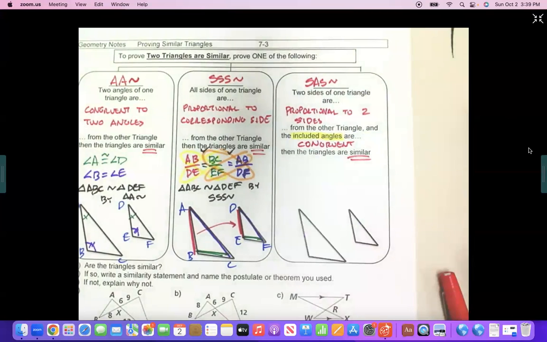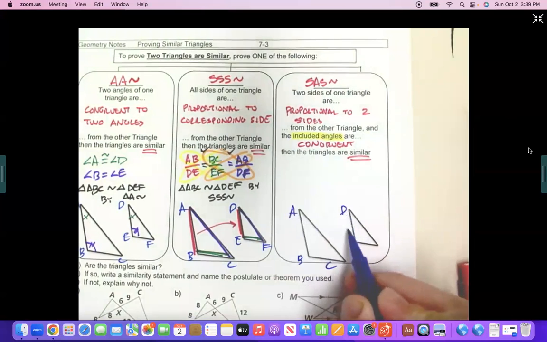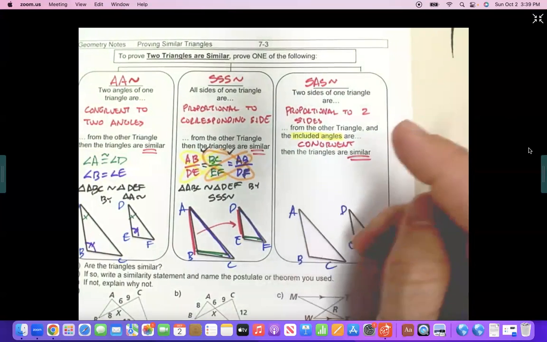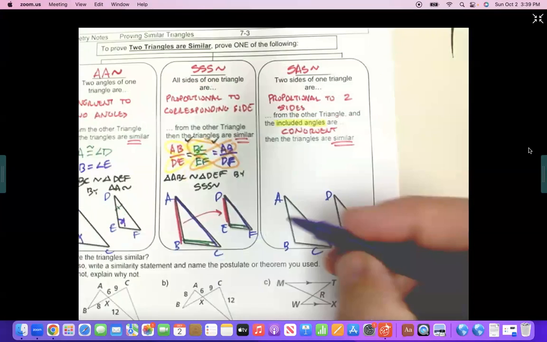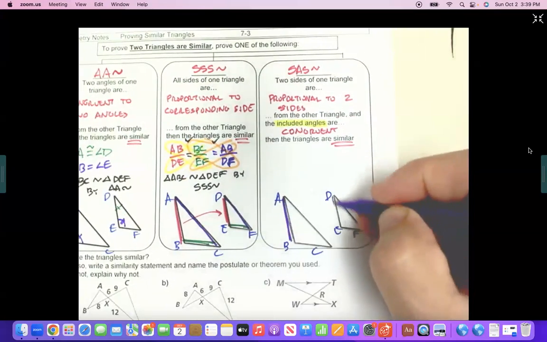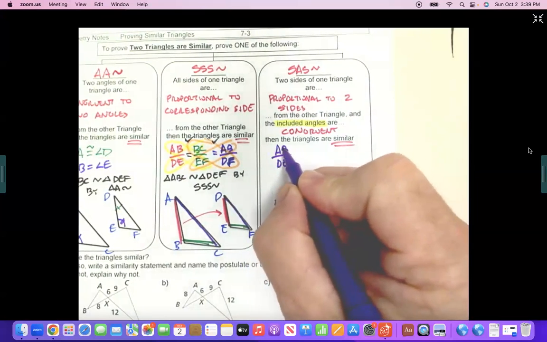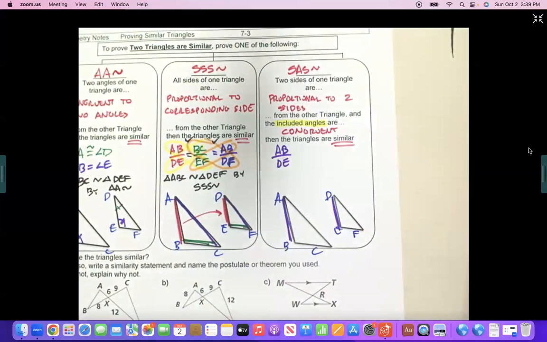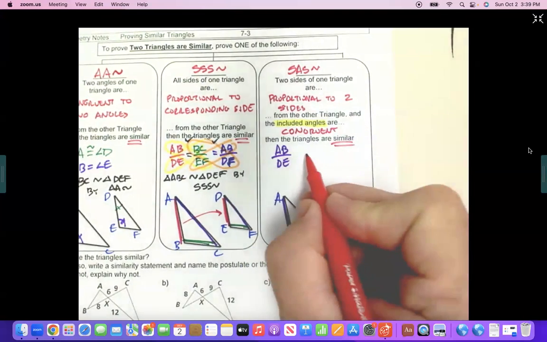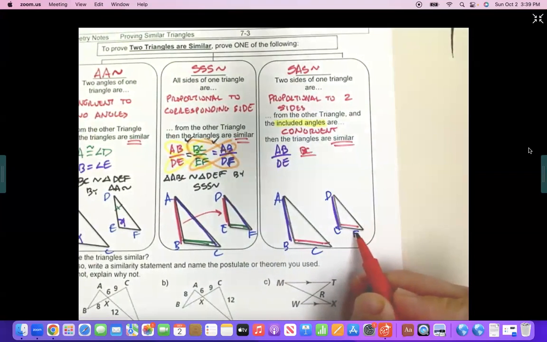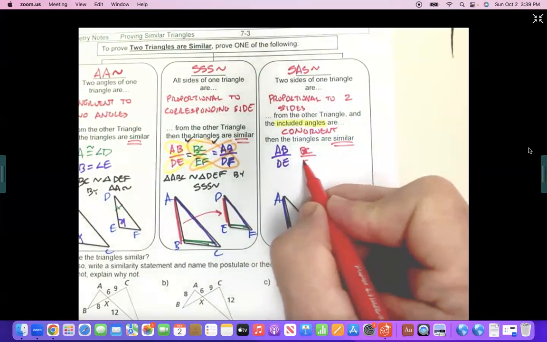We'll again be comparing these two triangles, ABC and DEF. We want to start out with the proportional sides. We can look at AB and compare that to the length of DE. And then take a look at, say, side BC and compare that to side EF.